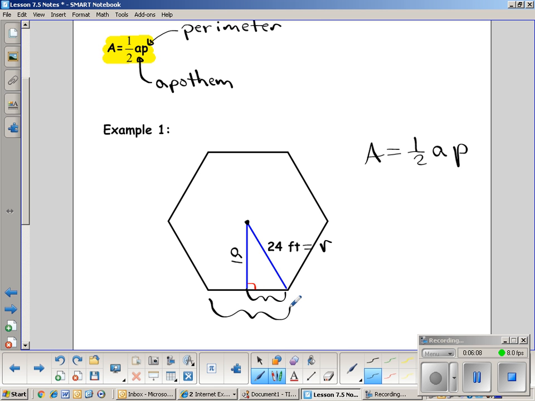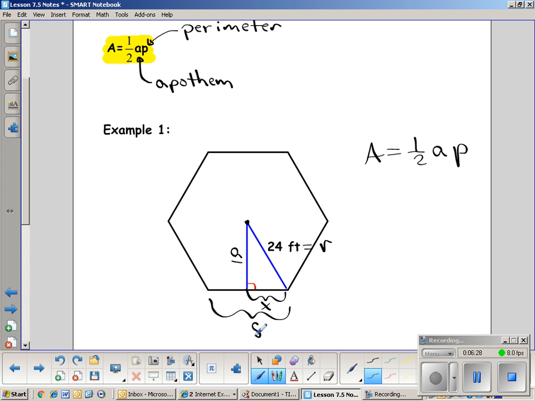Half of it. So if I knew this little bit right here, let's call it X. If I knew X, that would allow me to find S, the length of this side, wouldn't it? Let's say X was 4, then S would be how long? 8.